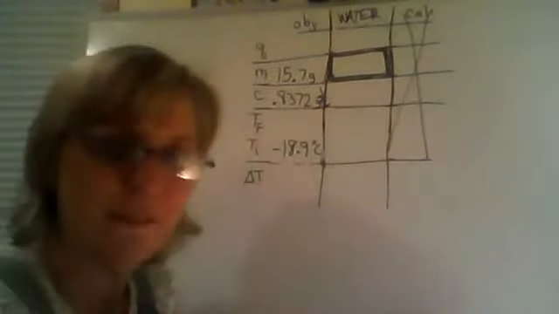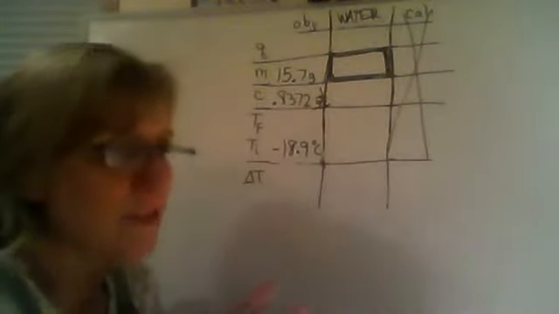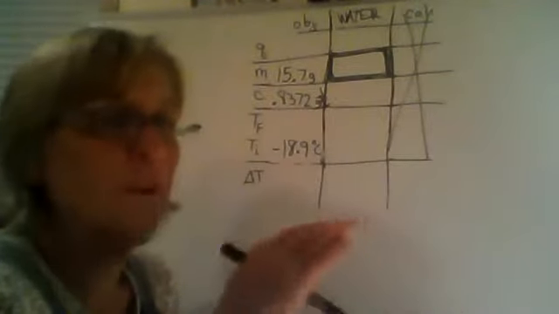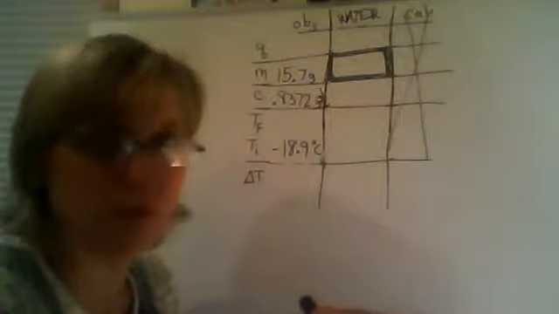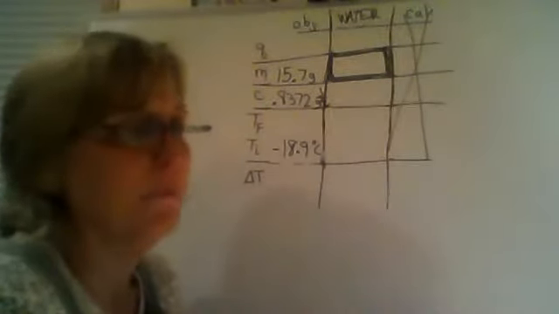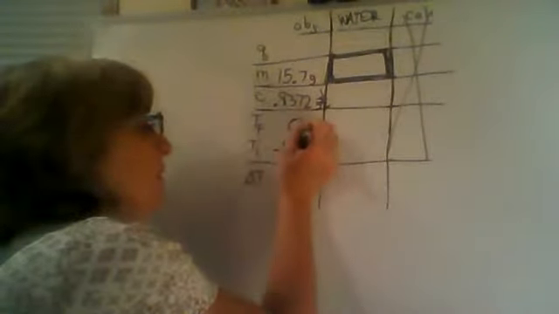Okay, negative 18.9. And it's going to warm up to the freezing point of water, because it's going to freeze the water that's in my cup. So it's going to end at 0. That's what I decided.